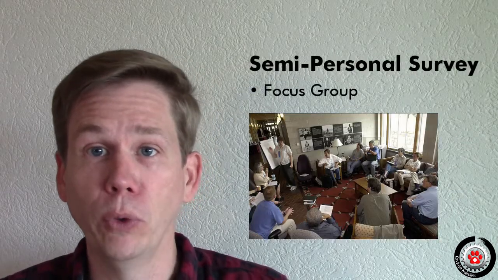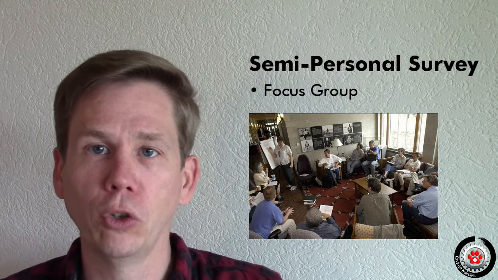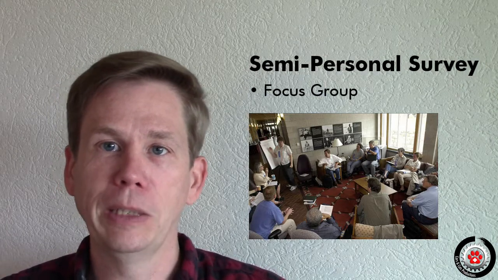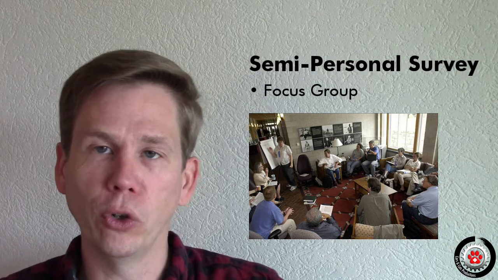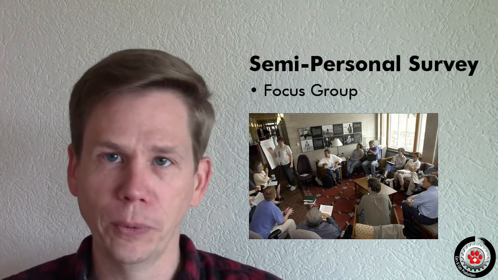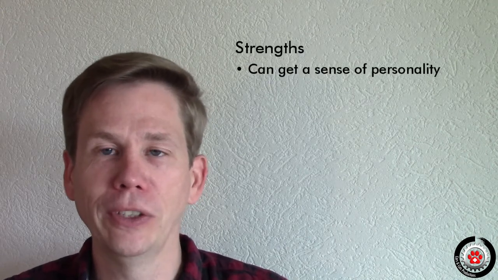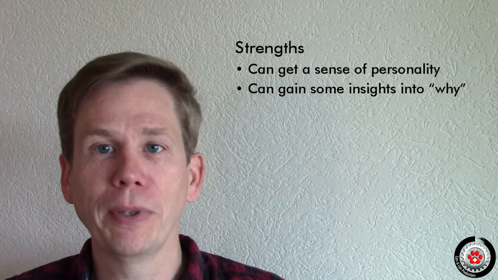So for example, semi-personal. Semi-personal is something like a focus group. That's where you've got a group of people who are being managed by a moderator, and you're getting the group consensus view. So this is a little bit of the impersonal type, because you're getting more than one person's view, but you also can get some personality, some background, you can get some depth behind it.